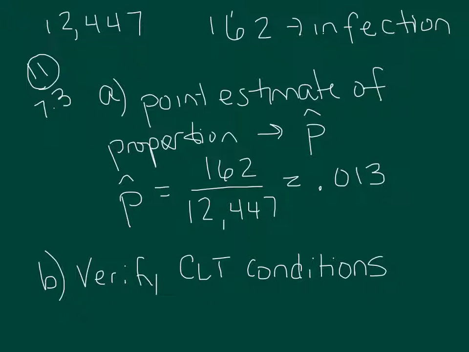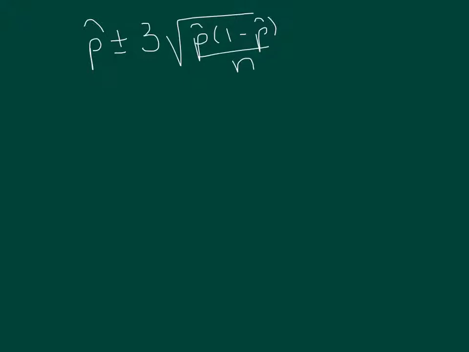That's the thing we need to check in order to verify the CLT condition. To do the verification, we use this formula, p hat plus or minus 3, and plug in the square root of p hat times 1 minus p hat over n.